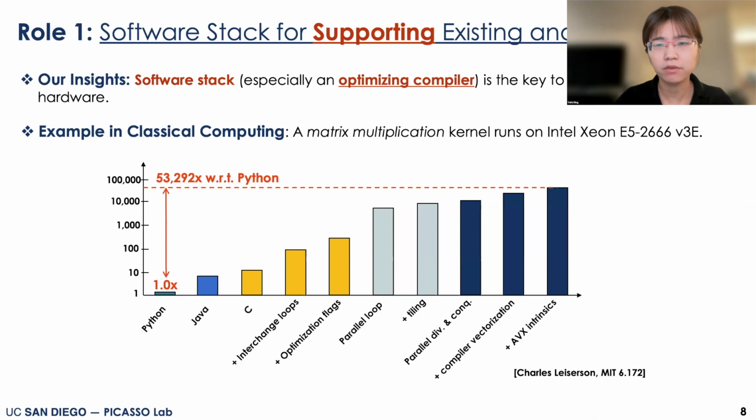We show that the performance difference from using an interpreted language like Python to a compiled language like C, with a few optimization flags enabled, can be up to a few orders of magnitude. And we envision similar things can happen to quantum computing.